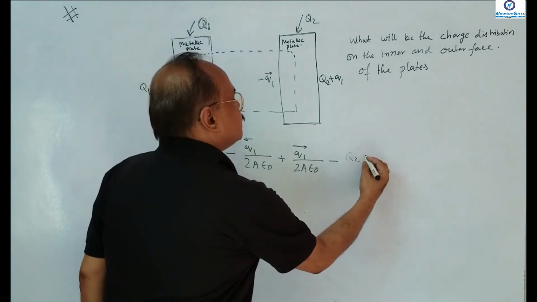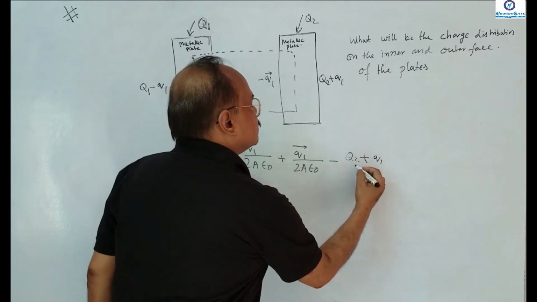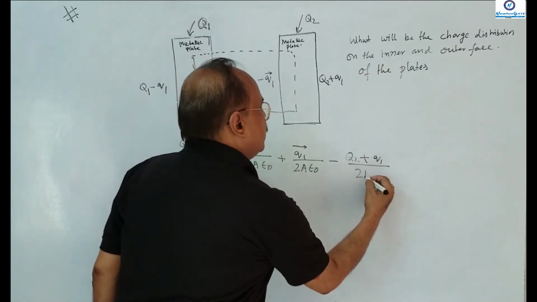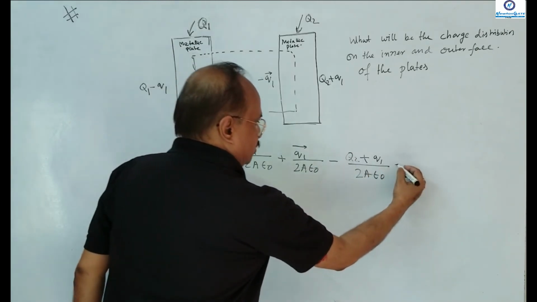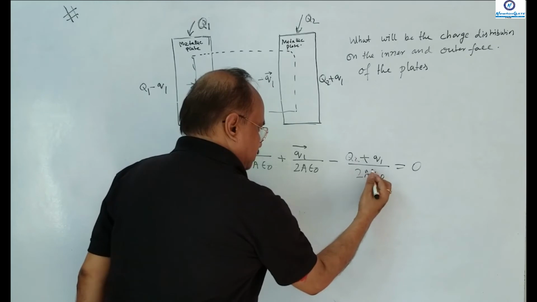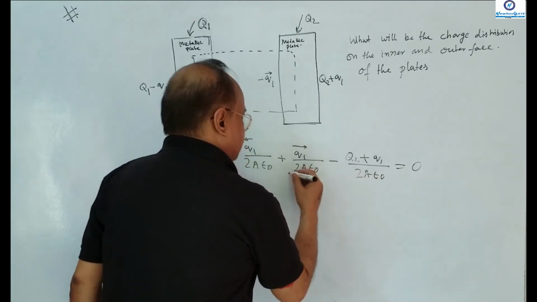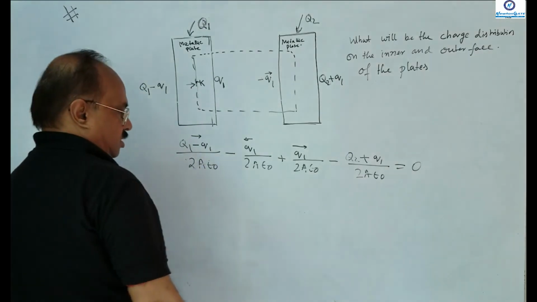So it will be Q2 plus Q1 divided by 2A epsilon naught, and this is equal to 0. So these things are not required actually, you can cut them. This position, this and this, all you cut it.